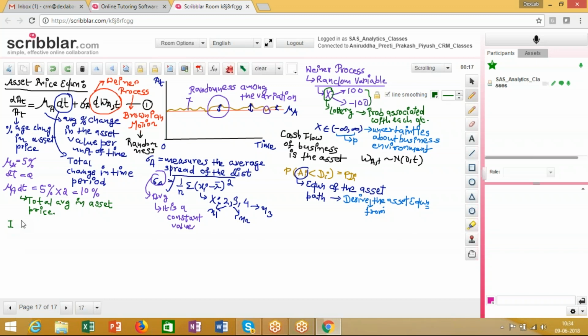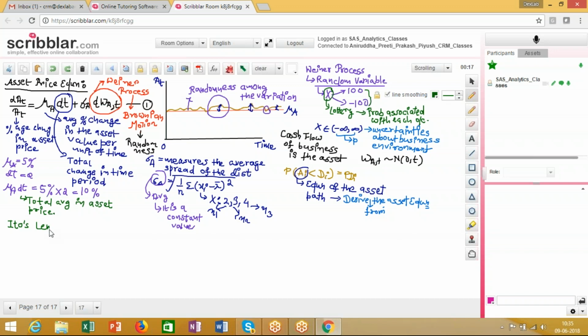That can be converted to obtain the asset price equation using something called Ito's lemma. So Ito's lemma is a mathematical framework which helps us derive the equation path of the variable AT from this differential equation that we have over here.